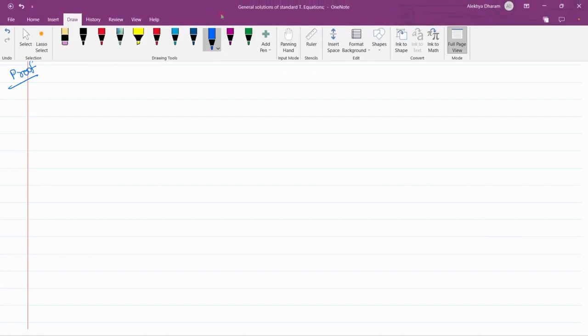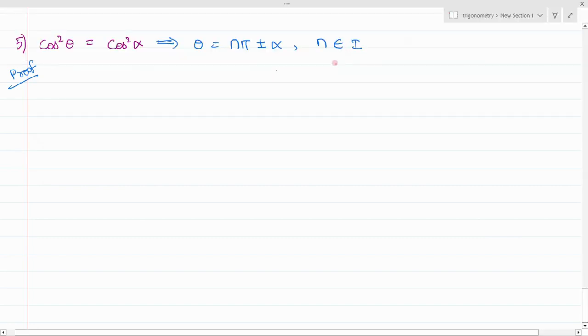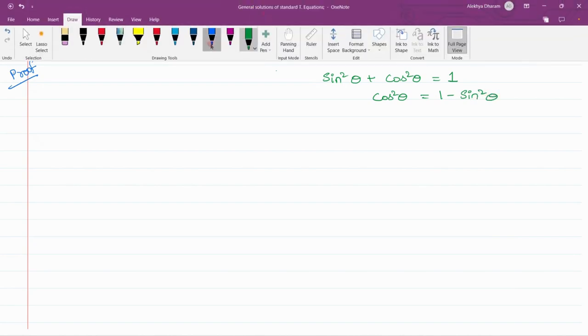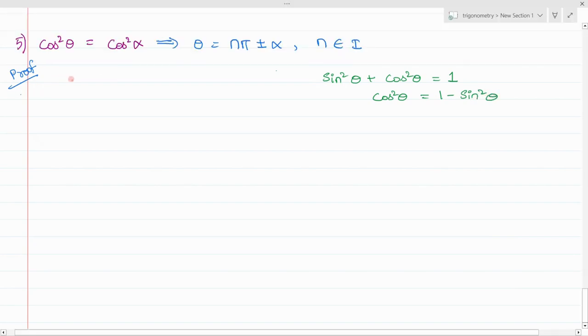We know the basic identity for sine and cos is sine square theta plus cos square theta is 1. From here we can write cos square theta as 1 minus sine square theta. So cos square theta is nothing but 1 minus sine square theta. Cos square alpha is nothing but 1 minus sine square alpha.